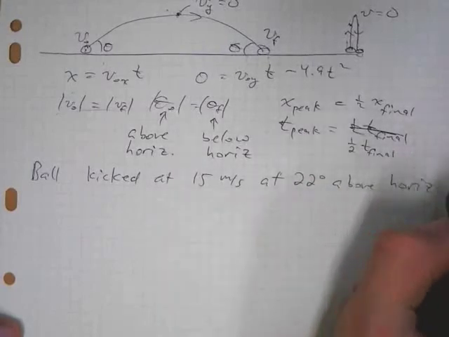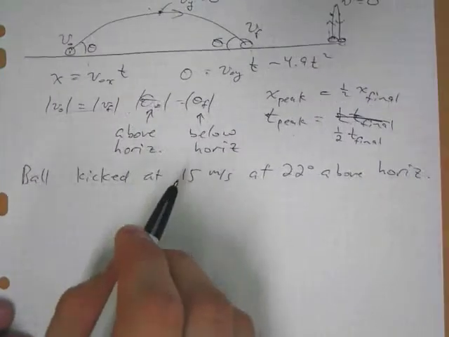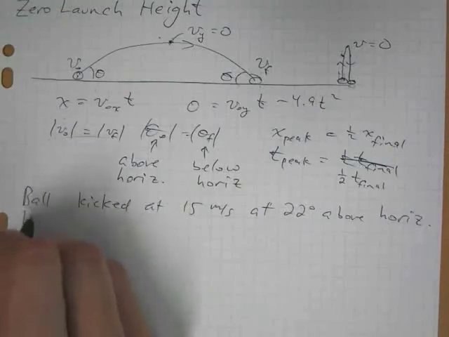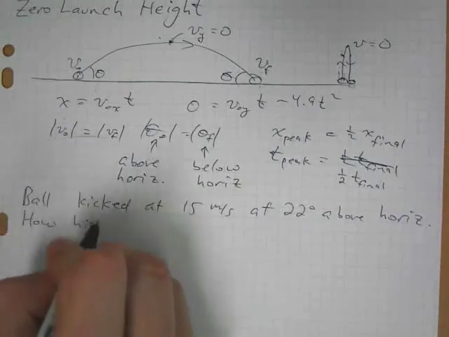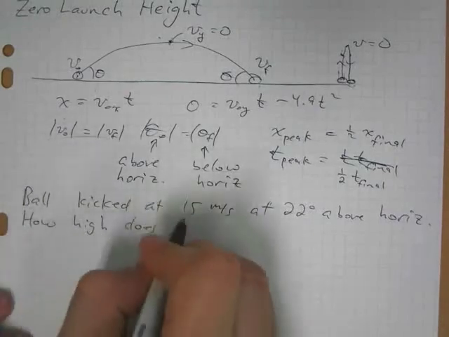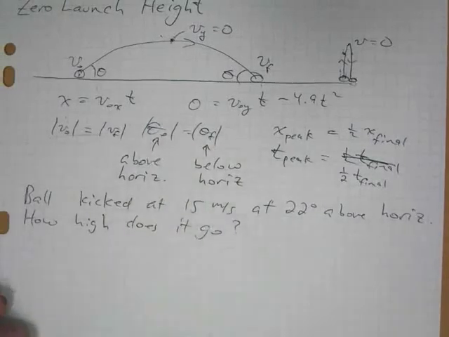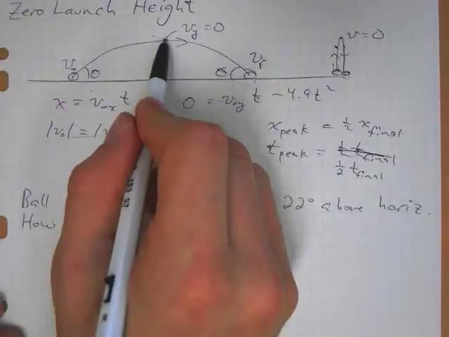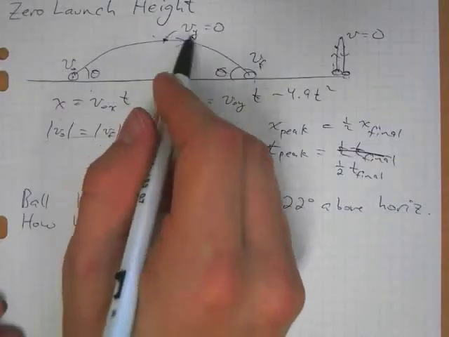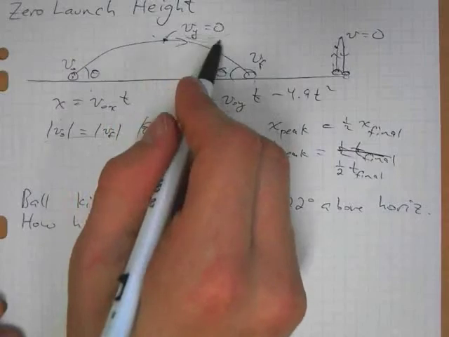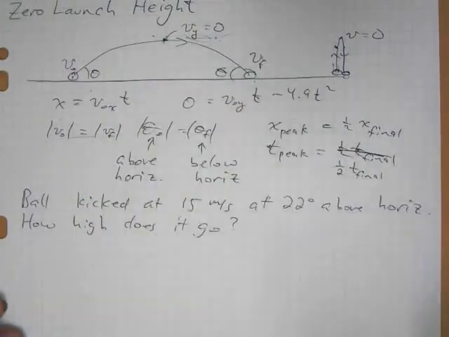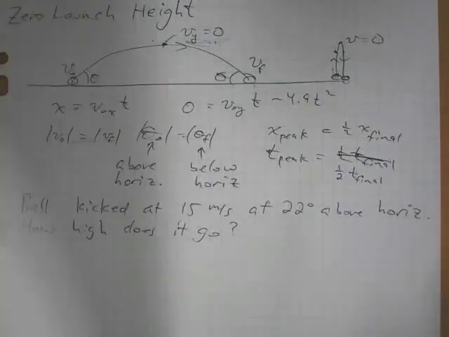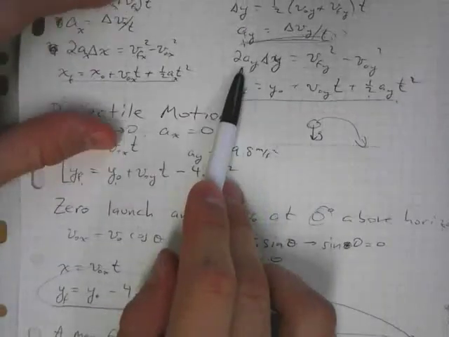And I want to know how high does it go? What is its highest point? Well, its highest point, of course, is at this peak. And we know at this peak that the y velocity is 0. So we can exploit that to figure out how high the ball goes, because we can just use our time-independent equation.